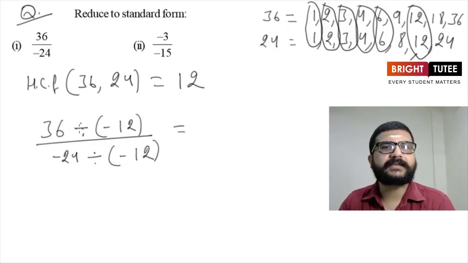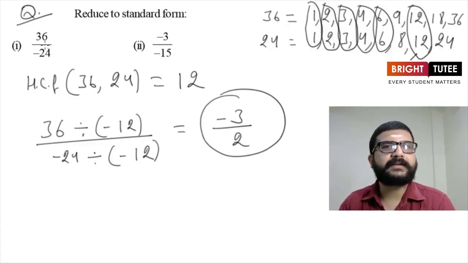Now 36 divided by minus 12 will be minus 3. So this is minus 3 upon minus 24 divided by minus 12, and that will be 2. So therefore the standard form of the number 36 upon minus 24 is minus 3 upon 2.